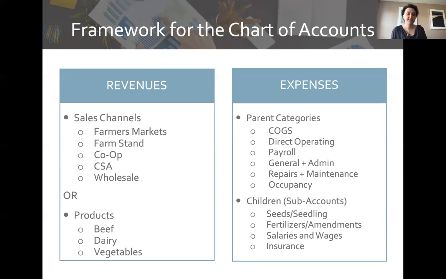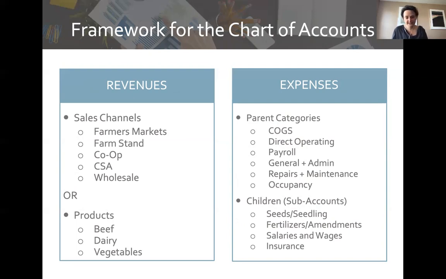Then with the expenses, it's helpful to have parent categories and then children and grandchildren. So you have the primary accounts, which is going to help keep things organized, and then you'll have the sub-accounts. And I recommend the primary accounts as the cost of goods sold, direct operating, payroll, general and admin, repairs and maintenance, and occupancy.